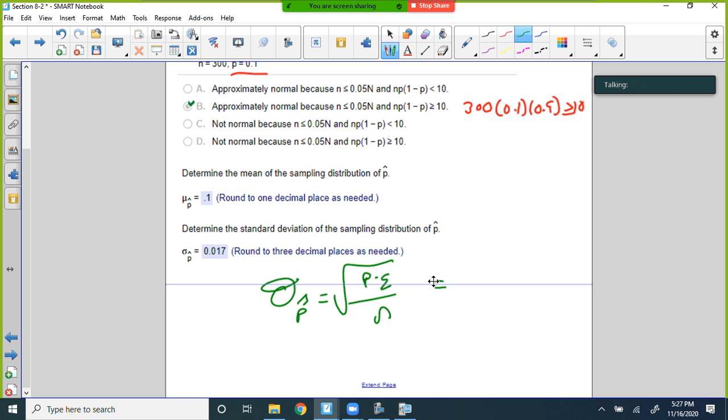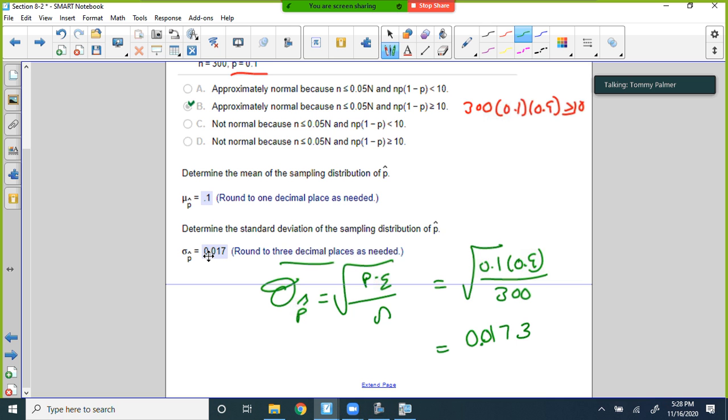So that is the square root of 0.1 times 0.9 over 300. If you do that calculation, you should get 0.0173, and they only wanted 3 decimal places, which would be 0.017.